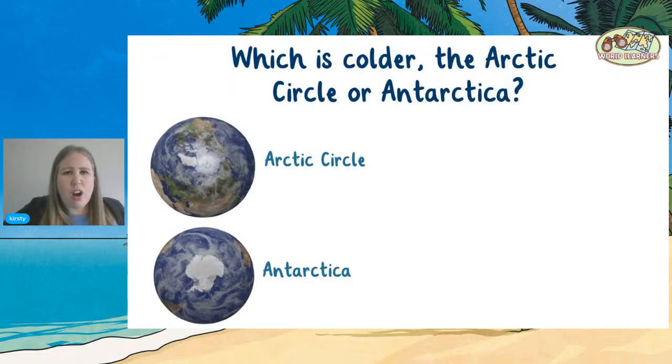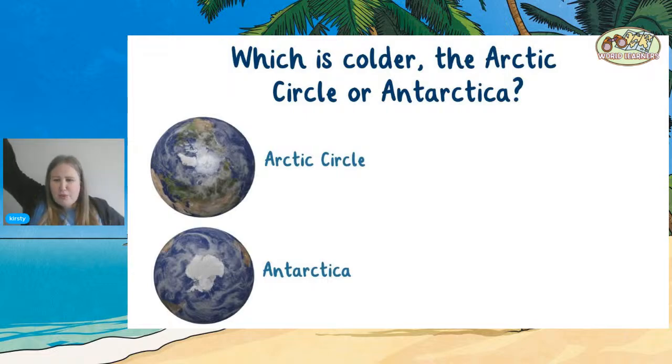And do you know why? Can you remember why? Why is one colder than the other? Well done. We're right. It's Antarctica. Have a think about why it's colder. There's a few different reasons, a few different factors that make it a lot colder. Can you remember?